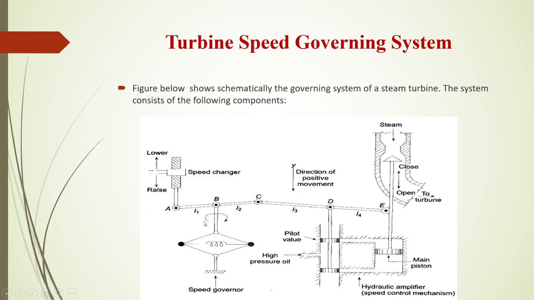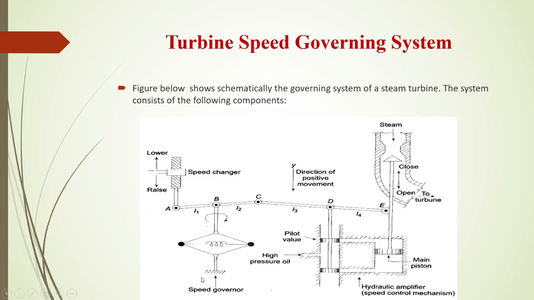Then there is the linkage mechanism, the entire A, B, C, D, E, and next is the speed changer. So the turbine speed governing system has four main parts: speed governor, hydraulic amplifier, linkage mechanism, and speed changer.